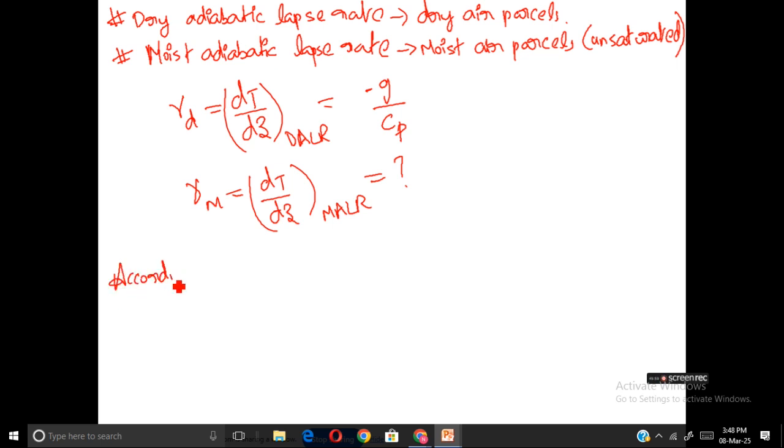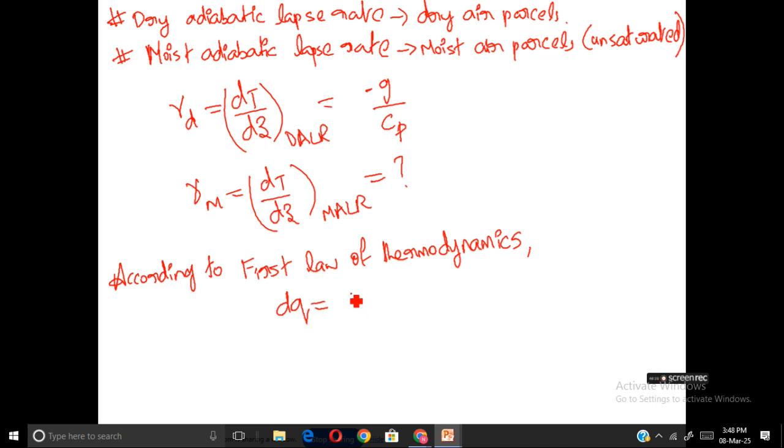According to the first law of thermodynamics, we know dq is given by Cp dT minus alpha dp. So this is the first law of thermodynamics in terms of specific heat at constant pressure.